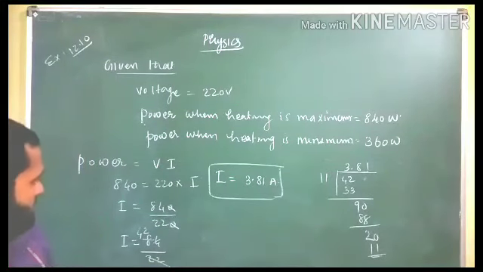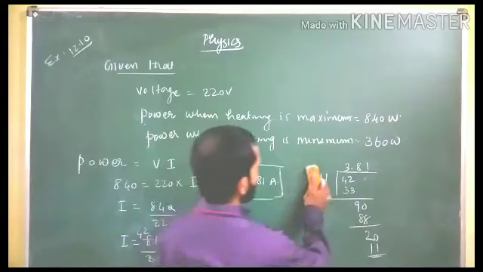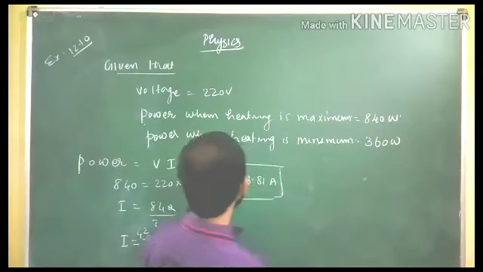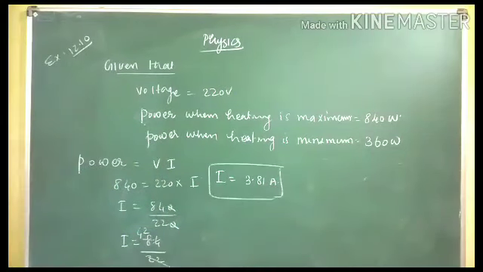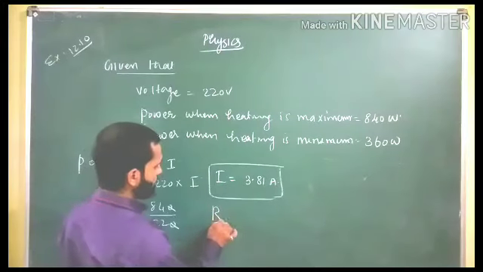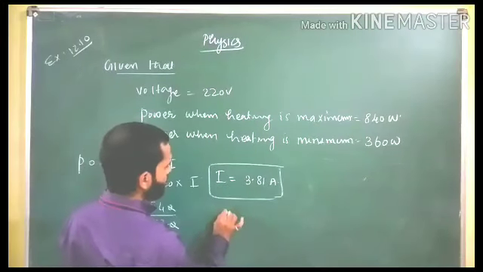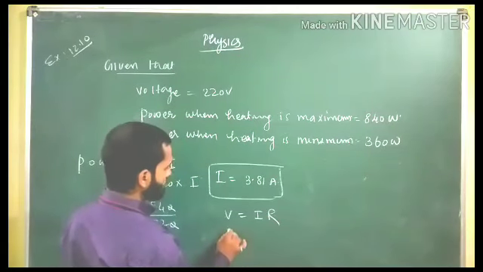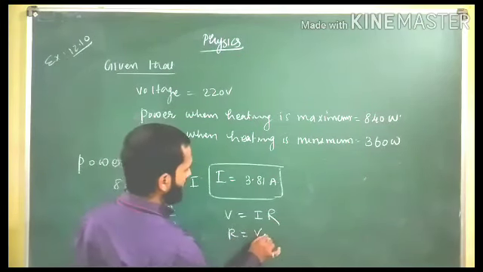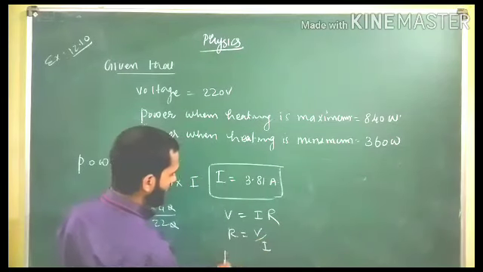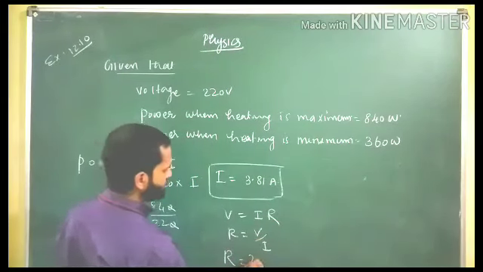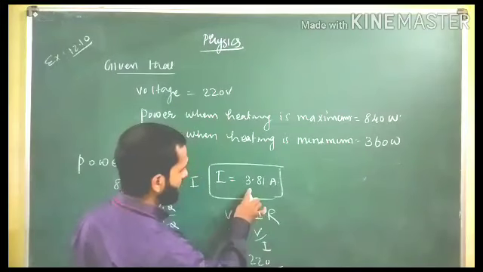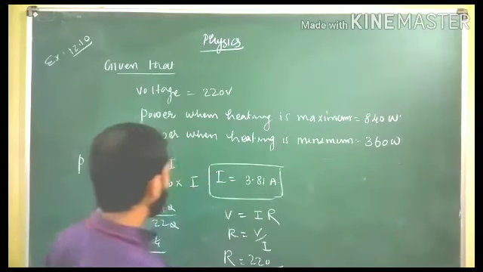Now in the case of the second one, before that one we have to calculate the resistance. So resistance R will be equal to, see from the Ohm's law, V is equal to I into R. So R will be equal to V upon I. So here R will be equal to V, 220 volt, divided by 3.81.